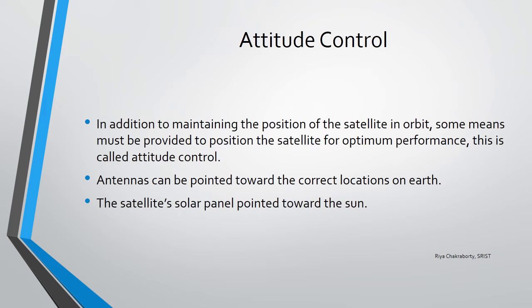The attitude of the satellite must be controlled so that the antennas can be pointed toward the correct locations on Earth. Attitude control is also necessary in some satellites to keep the satellite's solar panel pointed toward the sun, so that maximum power is produced at all times.